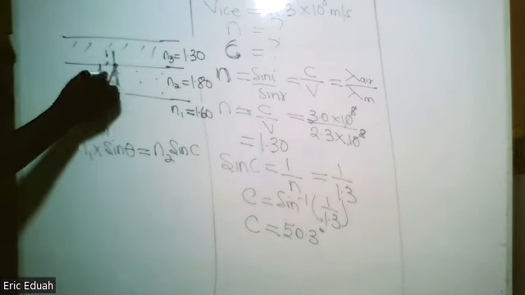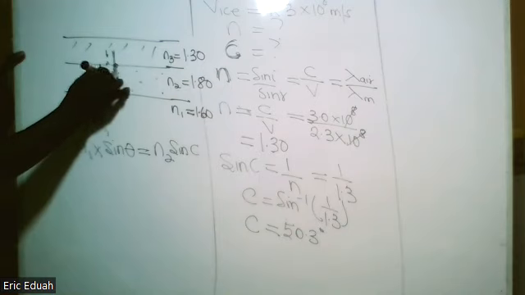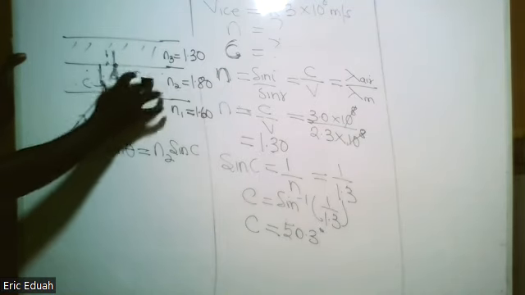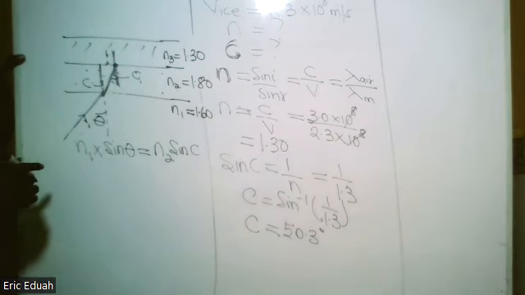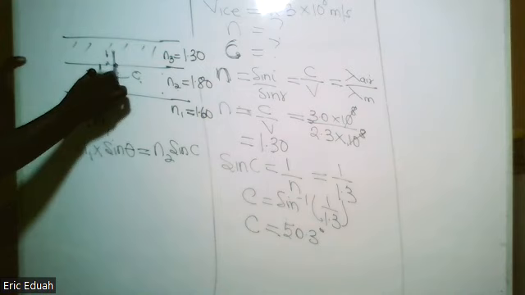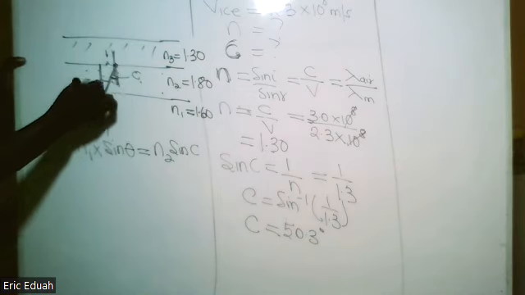So it means that this angle of incidence in material 2 is the critical angle of this material. But since this angle and this angle alternate, if this is C, this will also be C.